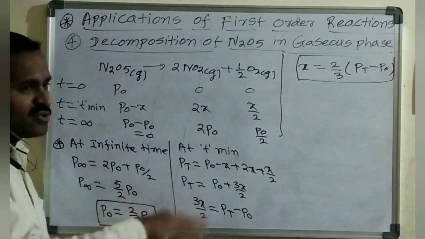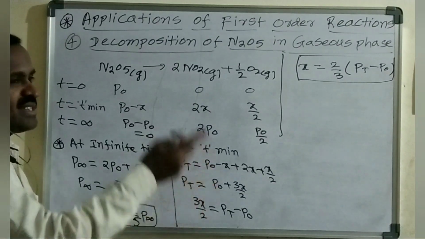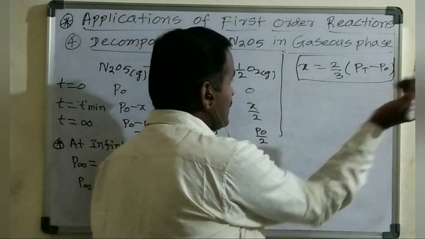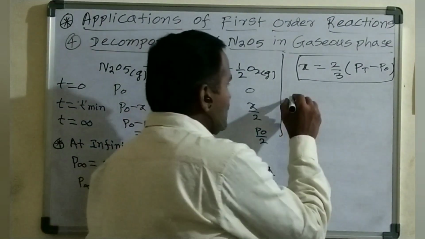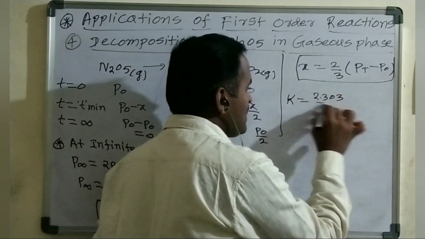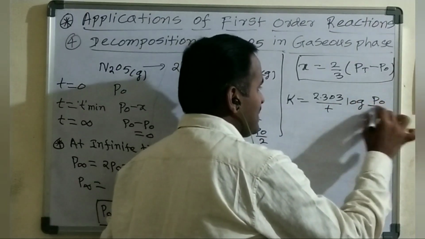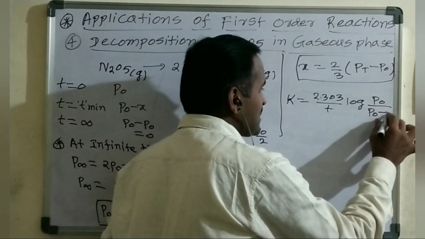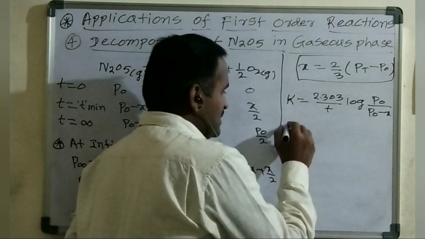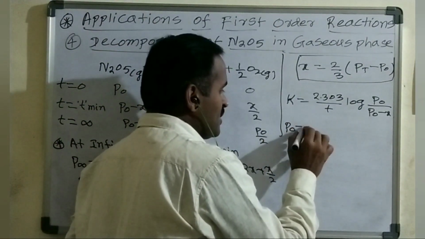We will write k equals 2.303 by t log a by a minus x. a is the initial concentration, but here the initial pressure is P naught, so directly k equals 2.303 by t log P naught divided by P naught minus x.